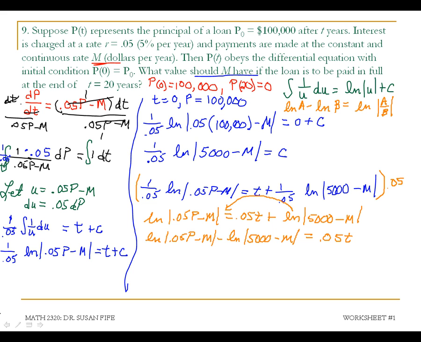I'm going to use that to combine my two natural logs on the left side of the equation, so that my left side becomes natural log of 0.05 P minus m over 5,000 minus m equals 0.05 t.